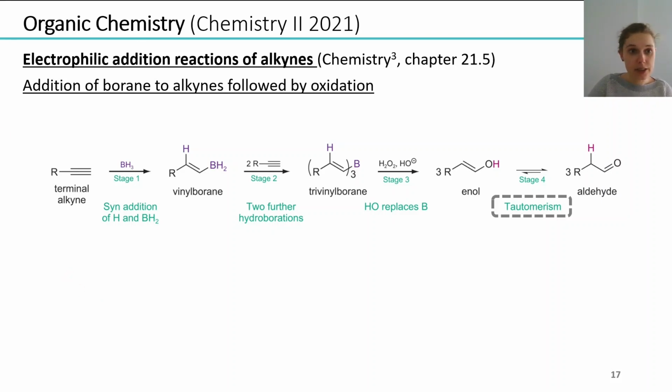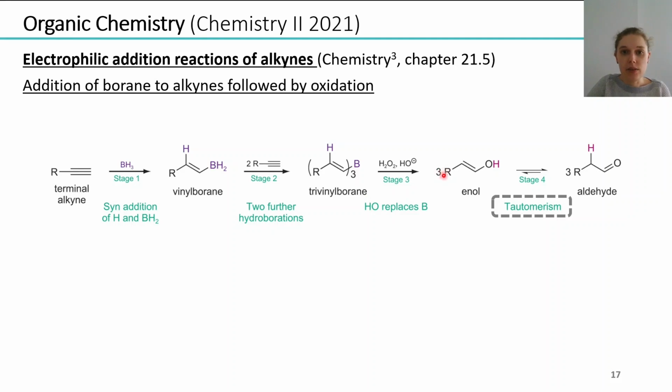So let's start. Here is the first step. It is a syn addition in order to produce the vinyl borane. Then we do this hydroboration two more times in order to finally produce a trivinyl borane. The third step is the production of an enol.